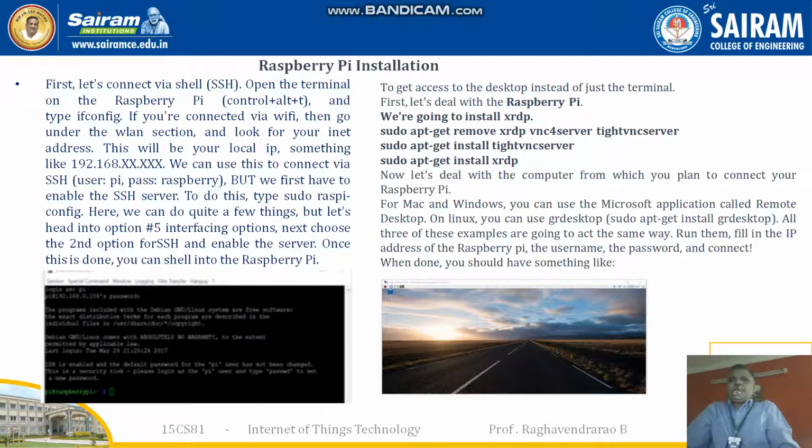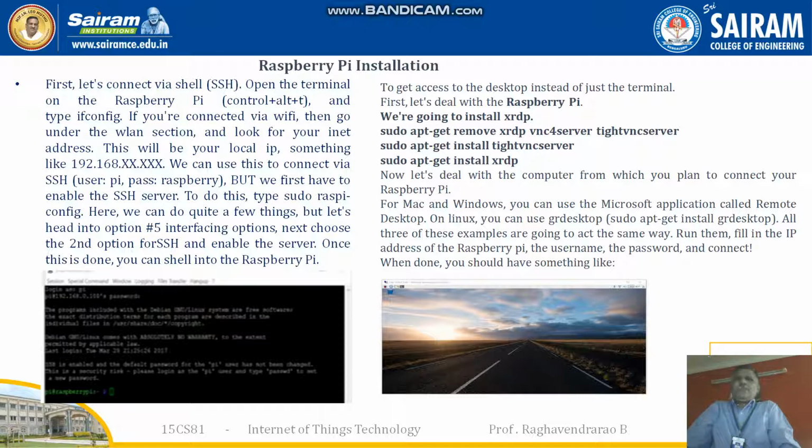This will be your local IP, something like 192.168.0.1. It is going to start with that. Whatever that number is, it is your Wi-Fi IP. Then we can use this to connect via the shell using the user pi and the password raspberry.